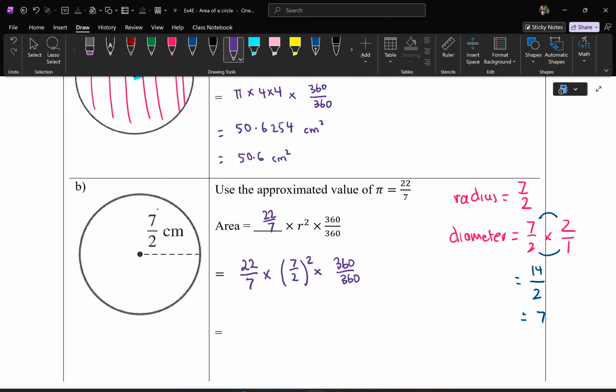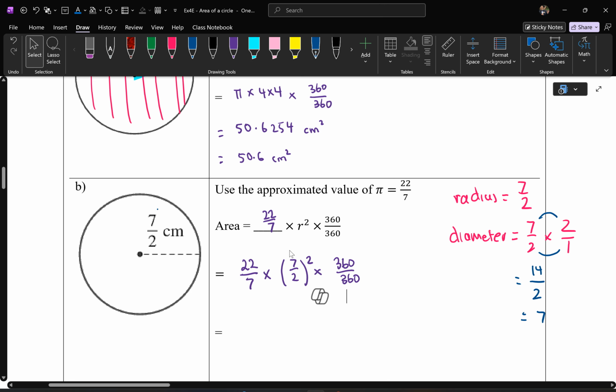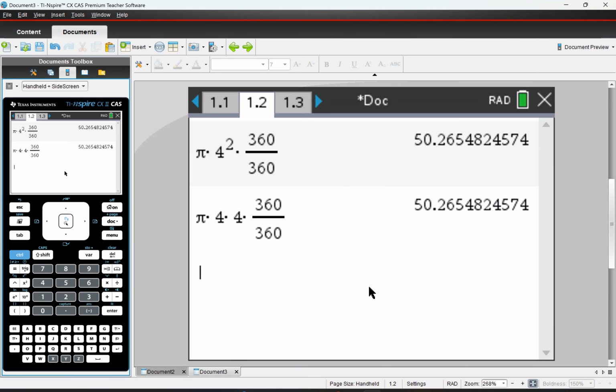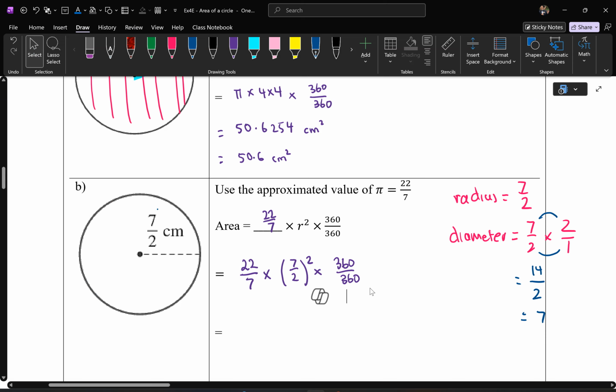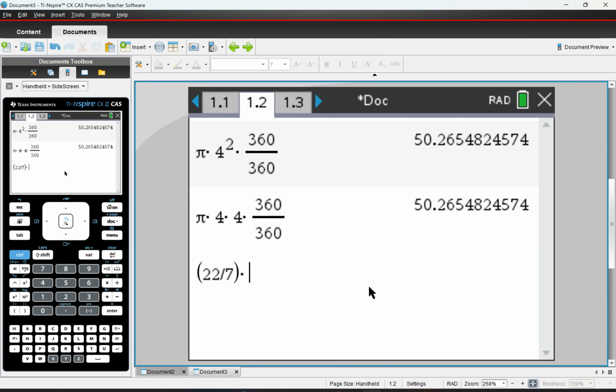All right. So how do you do this on a calculator if you want to include the fractions? This is another way to do it. If your calculator can't do the template where I can do 22/7 like that, you can do it this way. Open brackets, 22/7 means 22 divide 7, times, the other one is 7 divided by 2, or 7/2. So I do the same thing again.